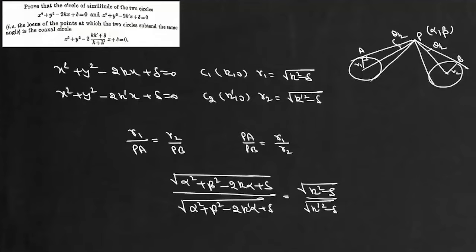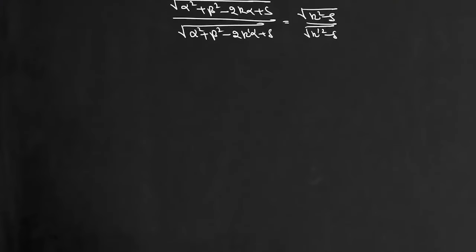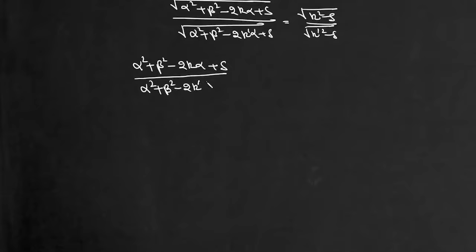Now we square it, we can write this as alpha square plus beta square minus 2k alpha plus delta upon alpha square plus beta square minus 2k dash alpha plus delta, and will be equal to k square minus delta upon k dash square minus delta.